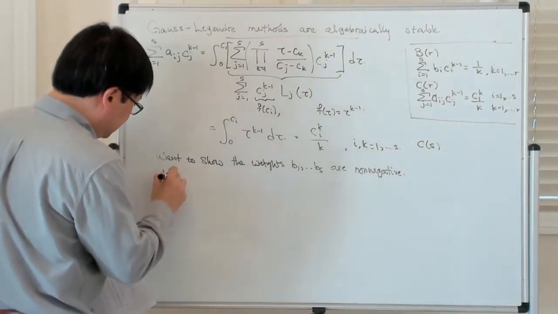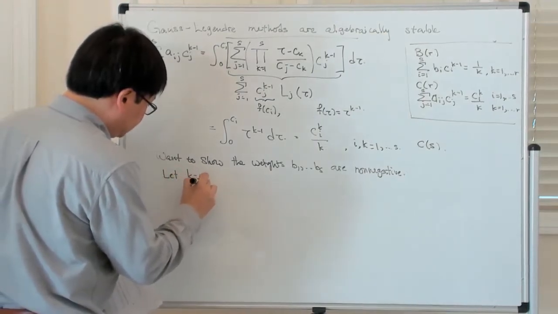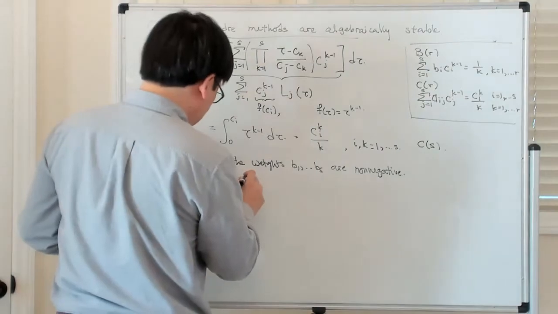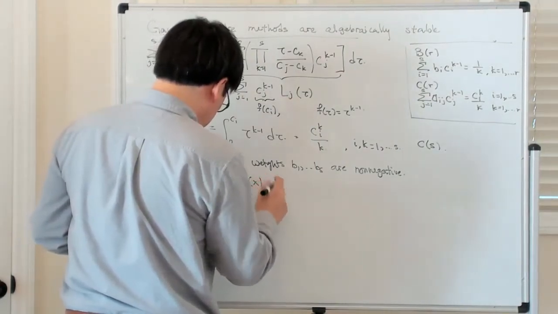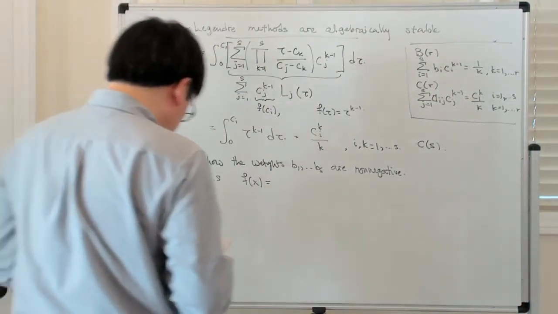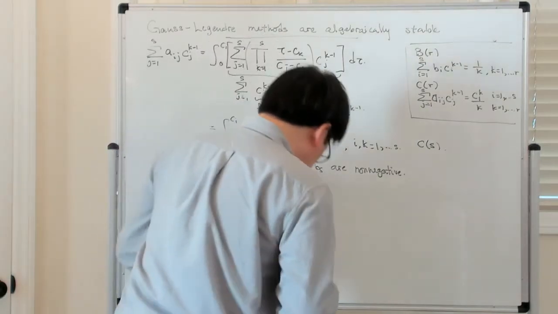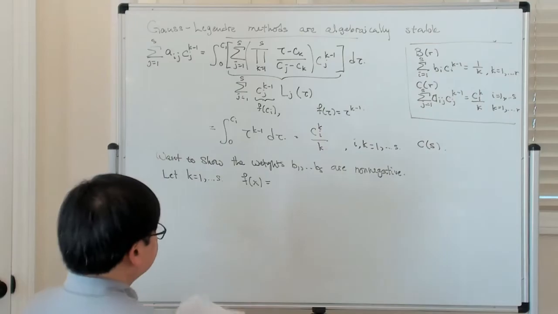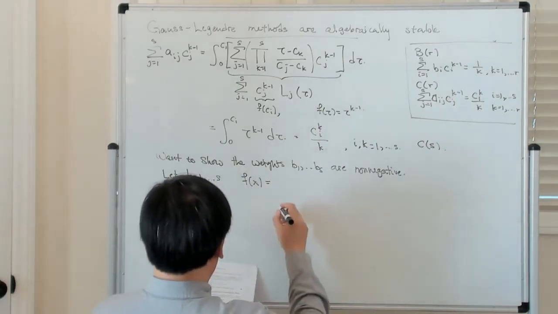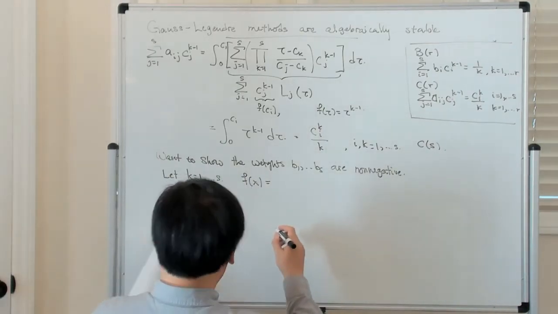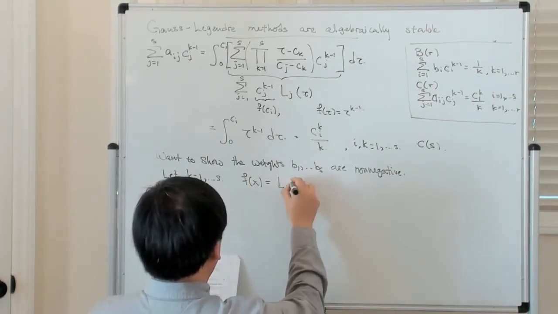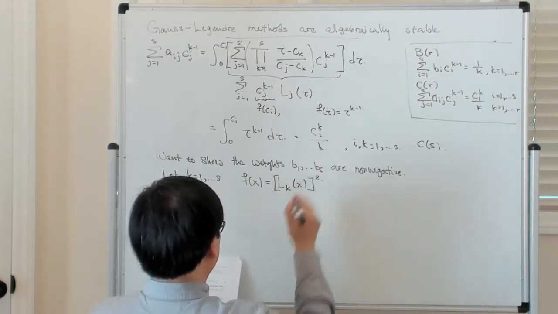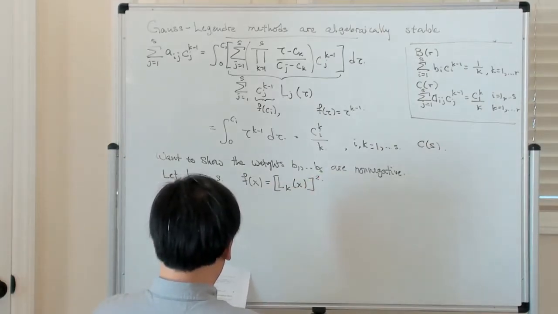Okay, so you let k equal 1 to s, and then you let f of x be the square of the Lagrange polynomials. So let's just call that L_k(x) squared.